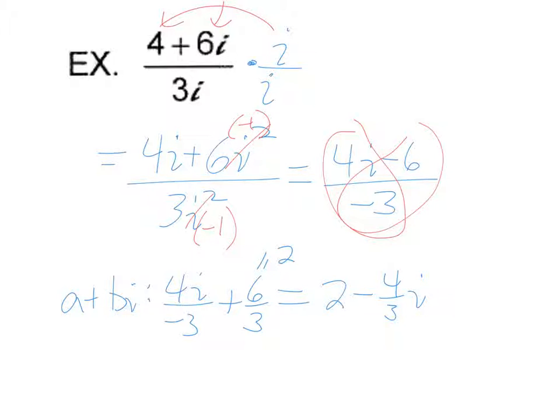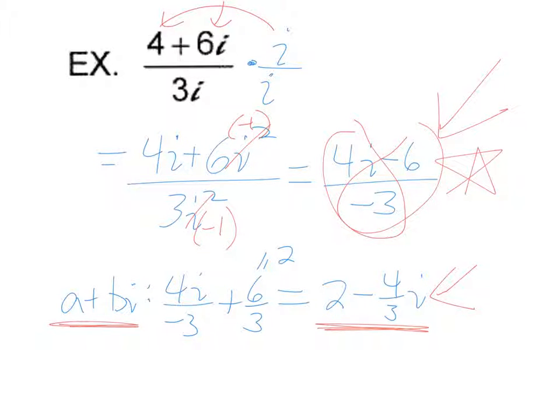And again, for my purposes, this first answer is fine, but if you're in a situation where you have to write it in a plus bi form, this would be the answer. And if you're checking in the back of a textbook, and you see this and you have this, you might think you got it wrong. But if you think about splitting the fraction apart and reducing, it's the same answer.